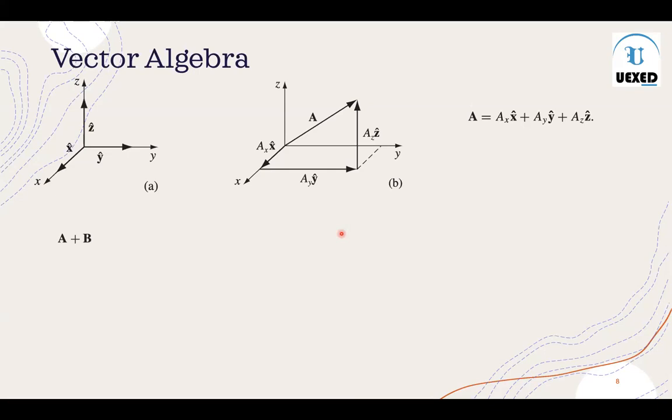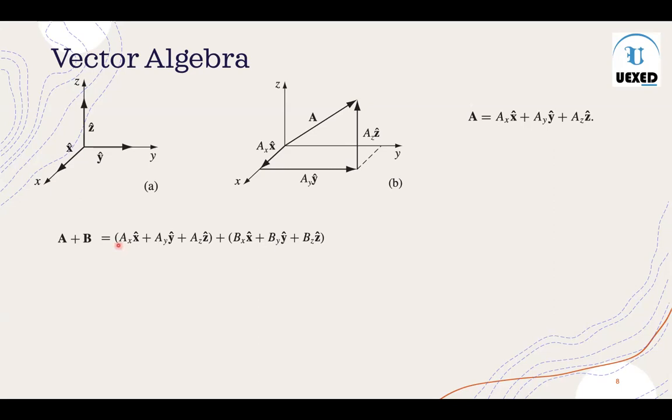Now, let's suppose similarly we have a B vector, and suppose that B vector is bx x plus by y plus bz z. Then the sum will be simply that you have to add all the x components, y components, and z components together with the unit vectors, something like this.